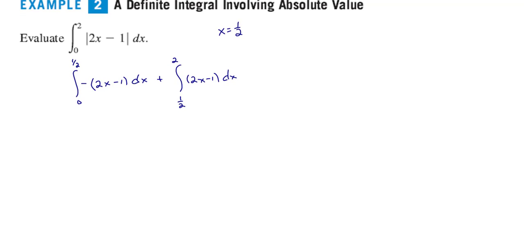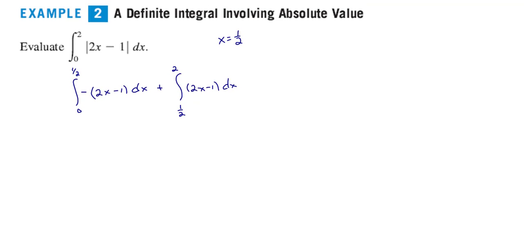All right, this is how you have to handle absolute value antiderivatives by hand. If it's a calculator part of the problem or a test or whatever, just type this in your calculator. It takes 2 seconds, right? All right, the negative can go out in front, or you can just distribute. It's up to you. Antiderivative of 2x, that'd be what? X squared divided by 2 would be x squared, and I'll keep that negative along with it.